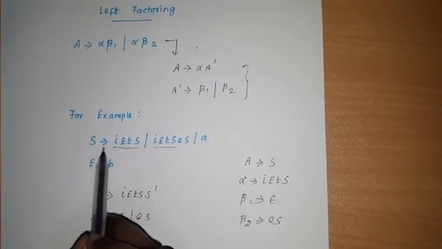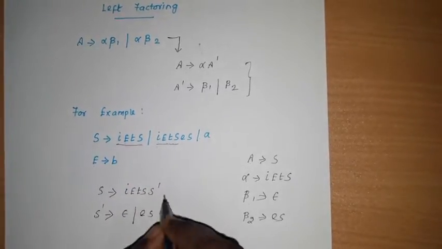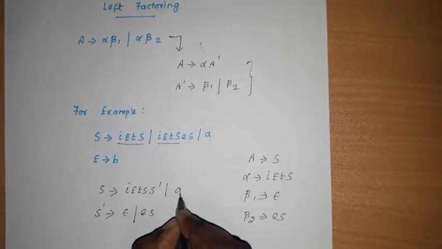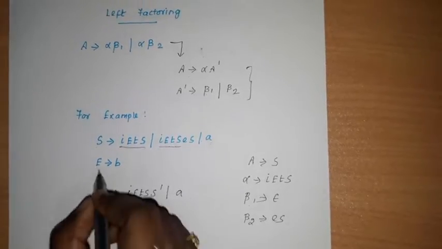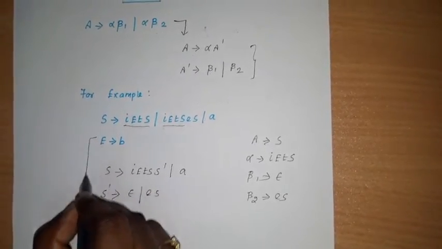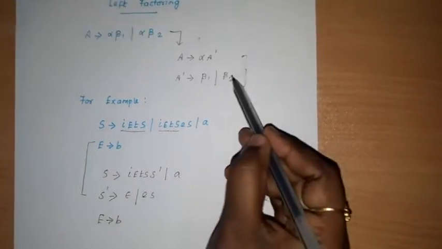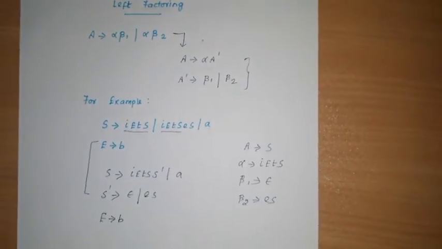S already has the production a, so we write a in the same production. The remaining production is E tends to b. Now we have eliminated the left factoring from the grammar by using the left factoring rules.